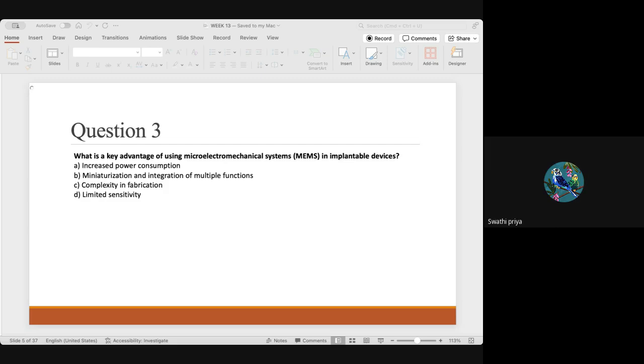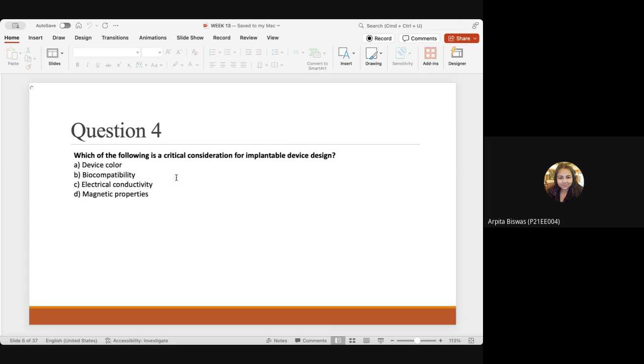Option B, ma'am. Yes, option B is the right option: miniaturization and integration of multiple functions. Good. Then this is question number four.